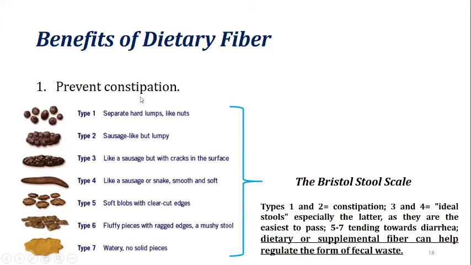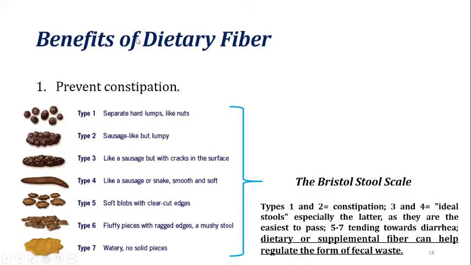One of the major benefits of dietary fiber is to prevent constipation, because dietary fiber has a bulking effect. It can absorb water, and it helps to form the feces and excrete it from our body in a good manner.